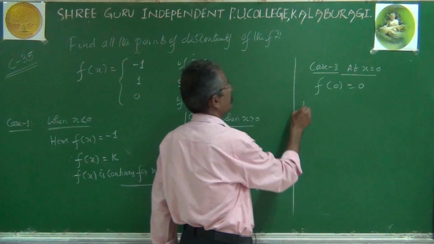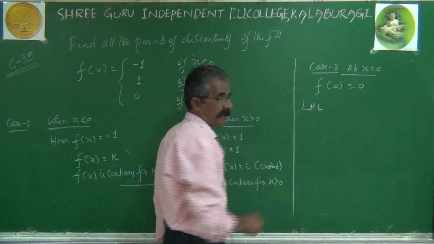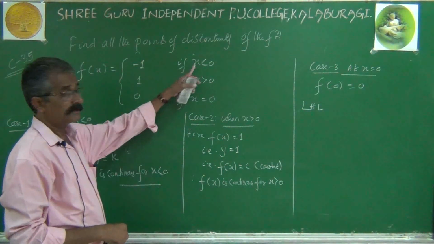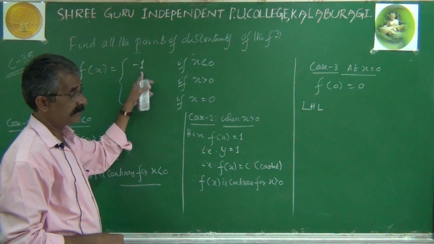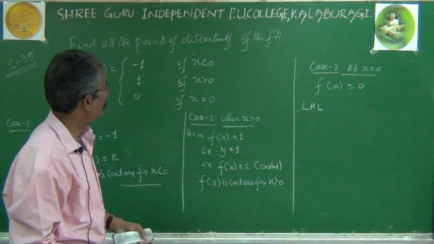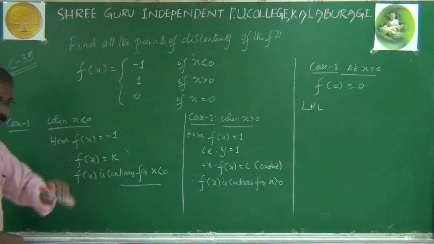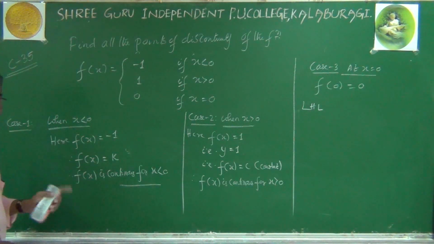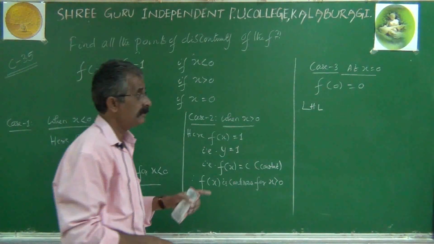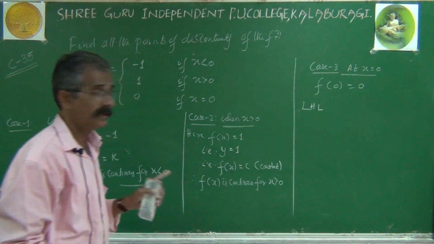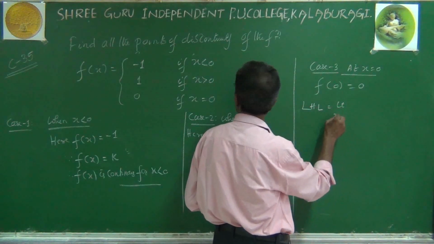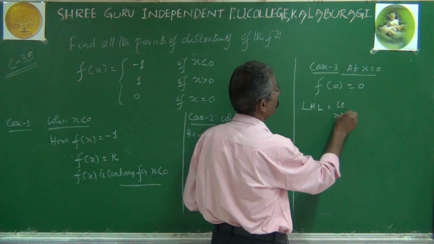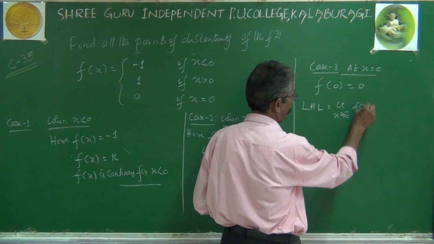We can observe that for the LHL, when x is less than 0, the function is minus 1, so naturally LHL becomes minus 1, and RHL becomes plus 1. Let's find the LHL: limit as x tends to 0 minus of f of x.